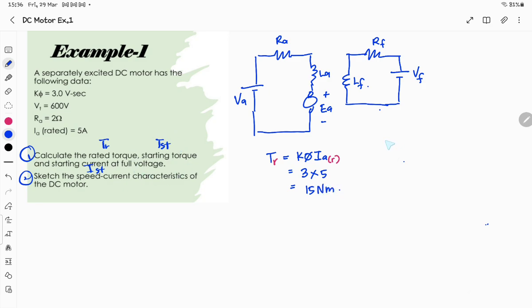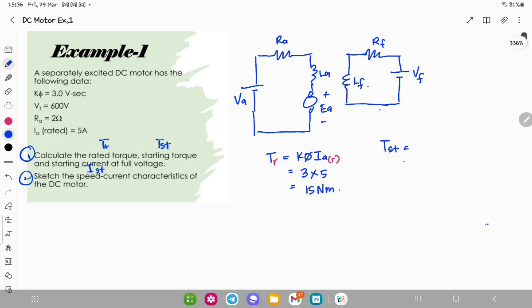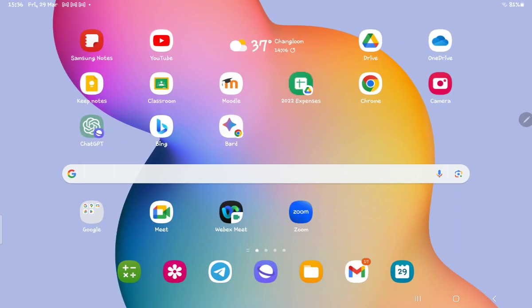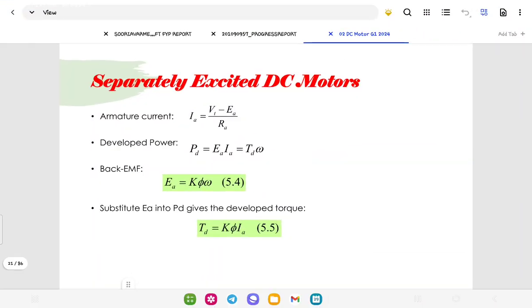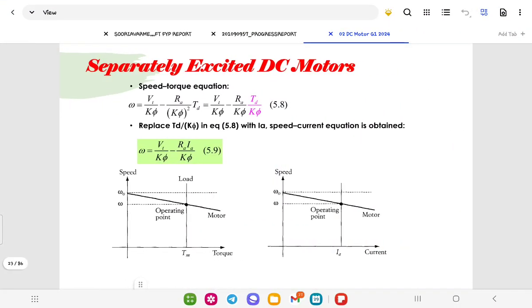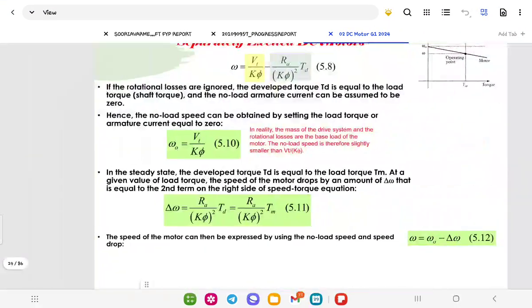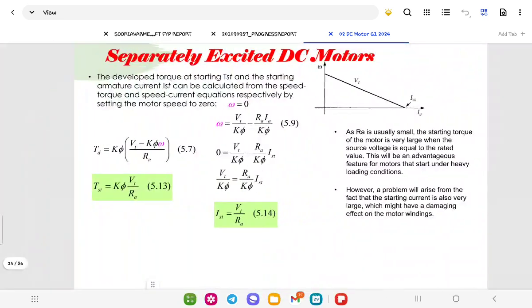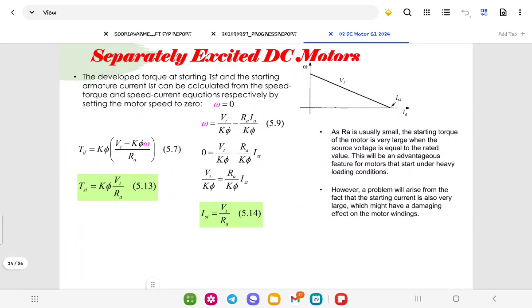Next, the starting torque. For TST, you can refer to the slide, where we already derived it. You can obtain the starting torque and starting current by setting the motor speed to 0. So when the motor speed equals 0, this is the motor speed equation.